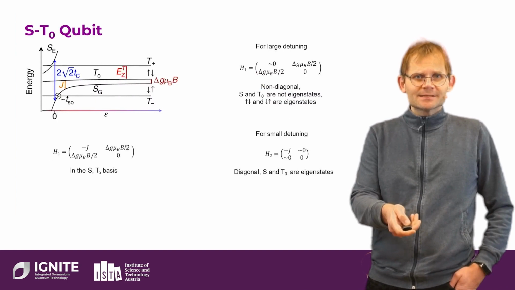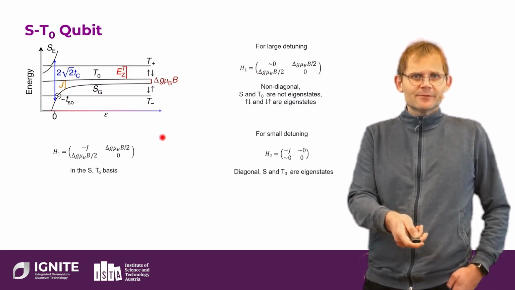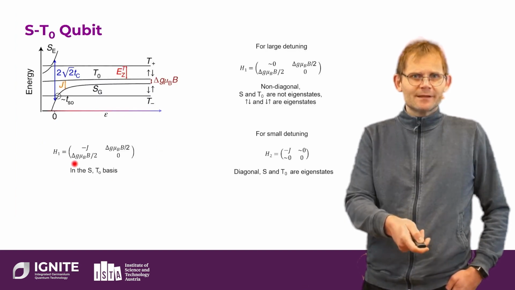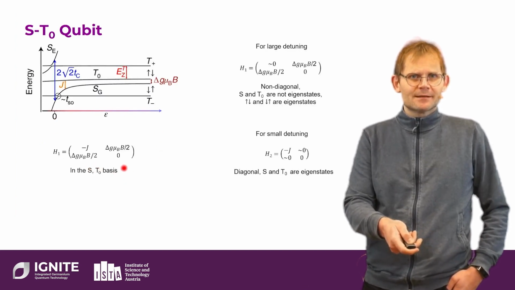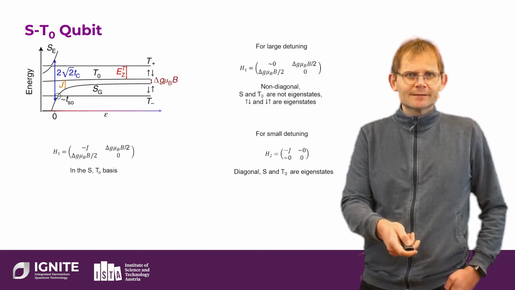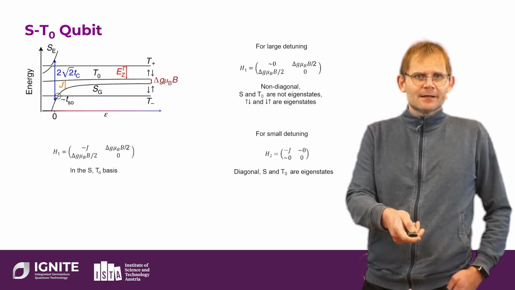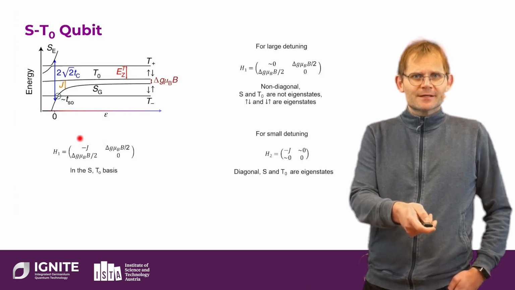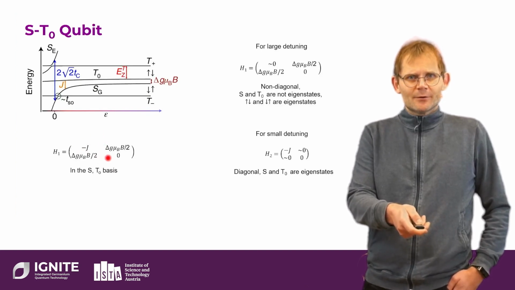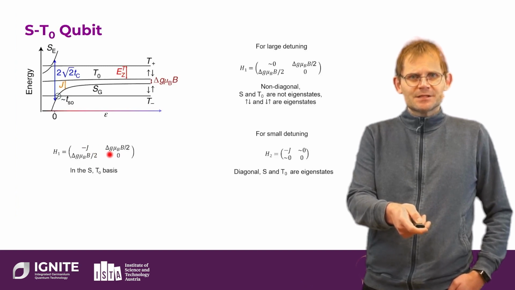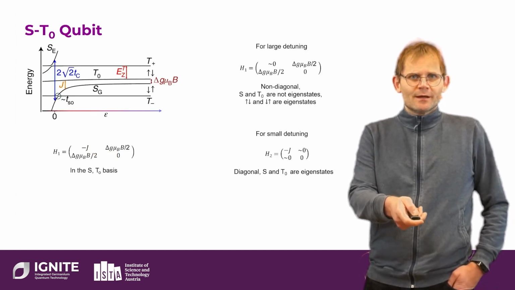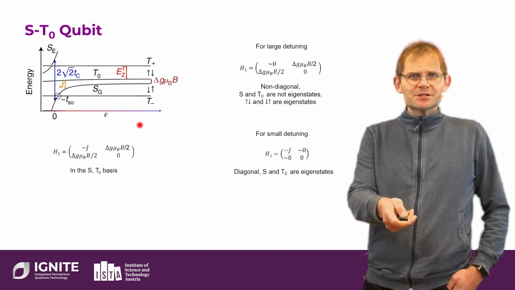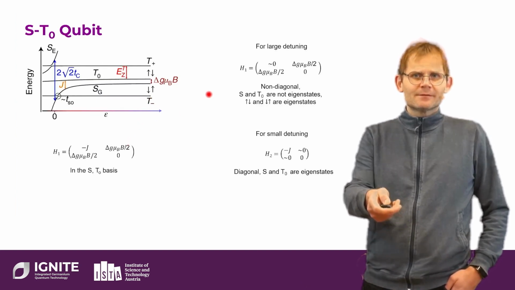Singlet-triplet qubit, how does it work? If you write down the Hamiltonian of our qubit in the singlet-T0 basis, it is a 2 times 2 matrix, and the interesting point is now to compare the exchange interaction J with the term Δg μB B. So if we are at large detunings here, exchange interaction becomes very small.